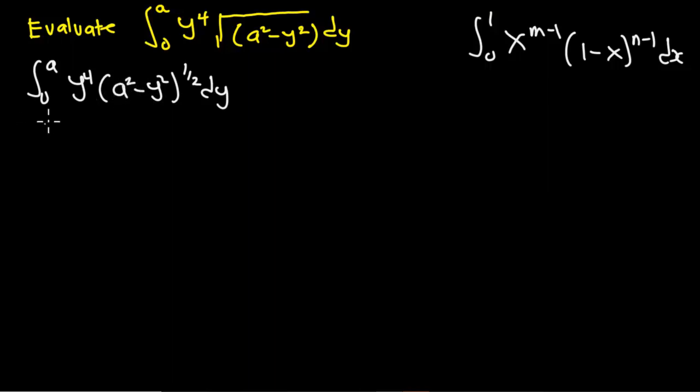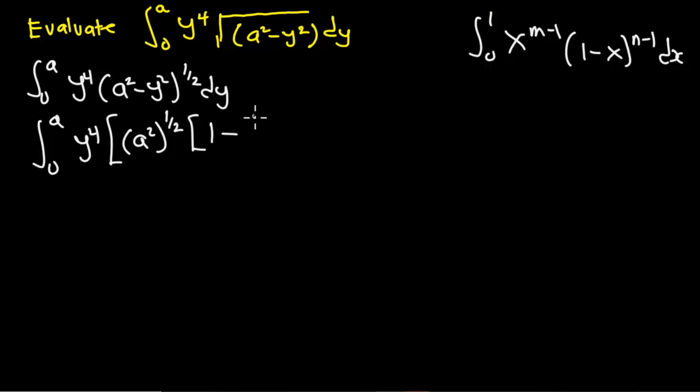We are going to have the integral from 0 to a of y to the power 4 multiplying a squared, and don't forget the exponent here is affecting what is inside the bracket, so we need to also attach an exponent to it, leaving 1 minus y squared over a squared, all exponent 1 over 2, then another bracket dy.